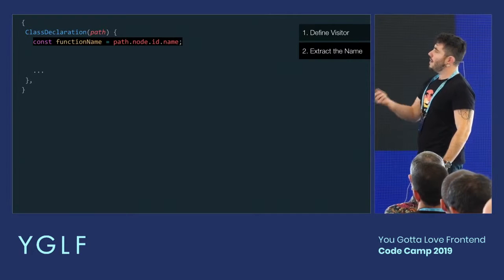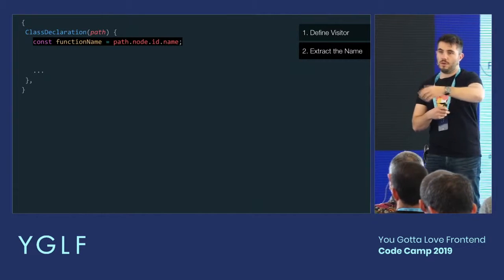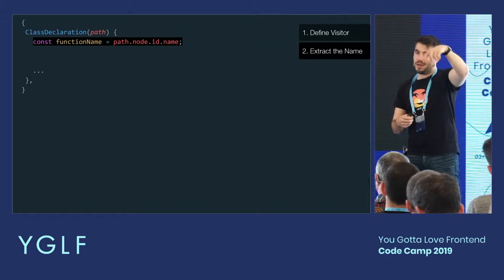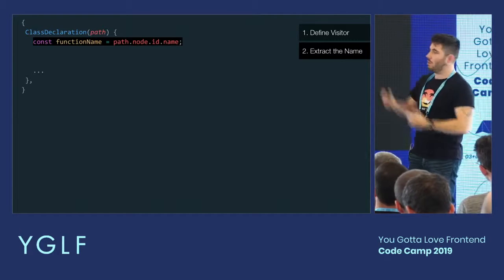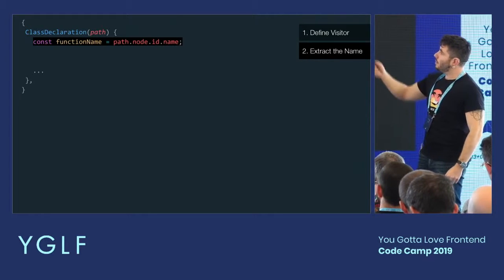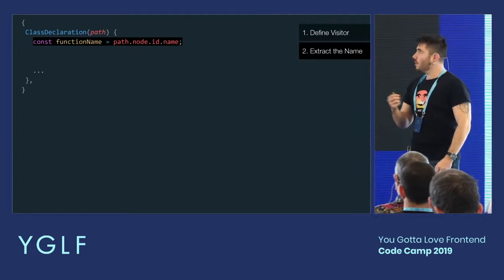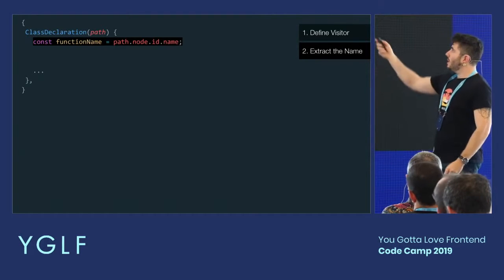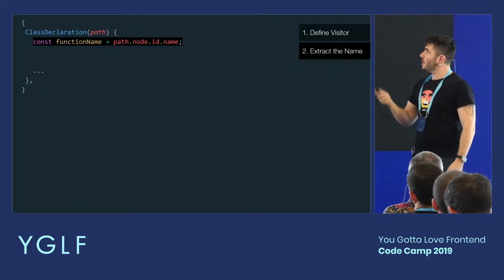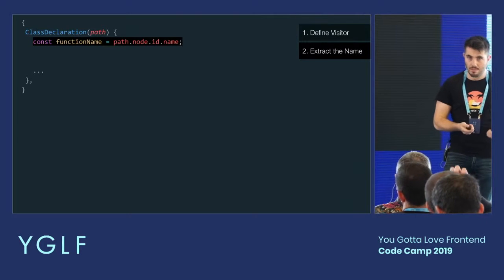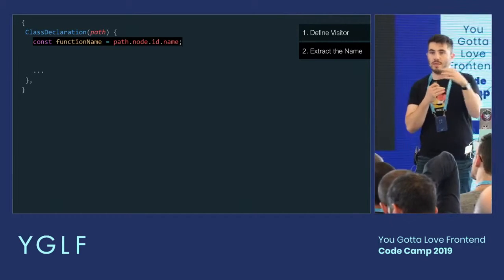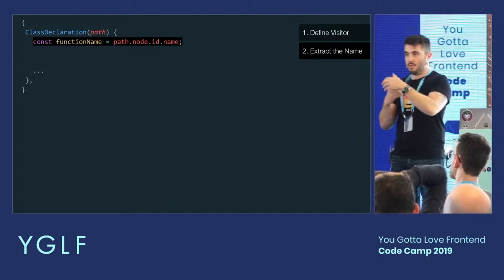So once that happens and the traversal algorithm meets a class declaration, it will call our object and pass the node, okay, the actual class declaration. And then we can use the API in order to extract things like the class name, right? Because we need it in order to maintain the name once the function is constructed.